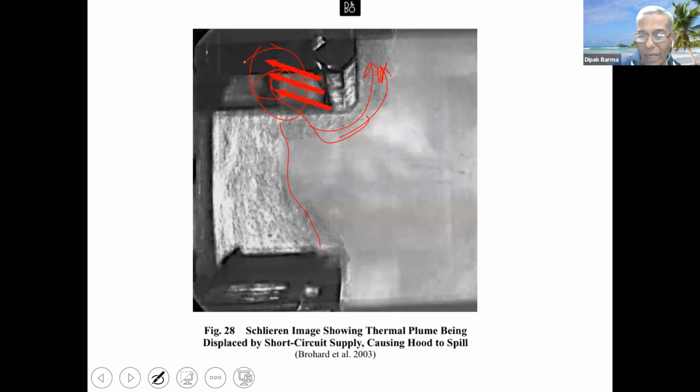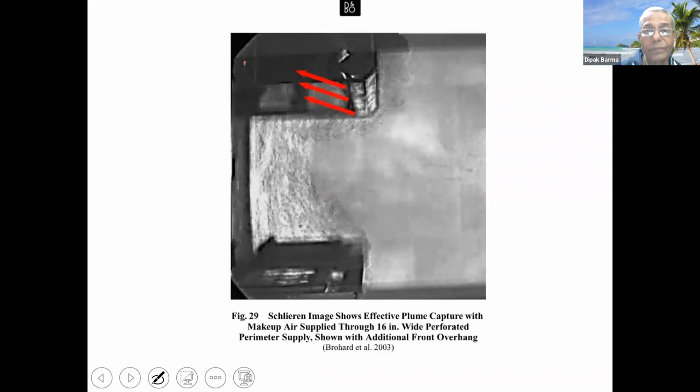The plume again goes out and spills out, which is also to be avoided. And these are actual photographs from the ASHRAE handbook, taken to show how the smoke gets spilled out. Same thing here: it is inside, so it is going to be spilling out.